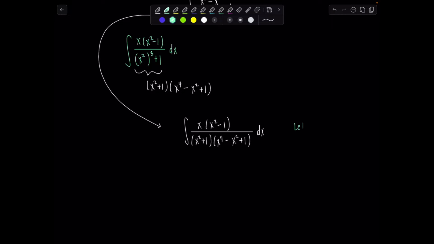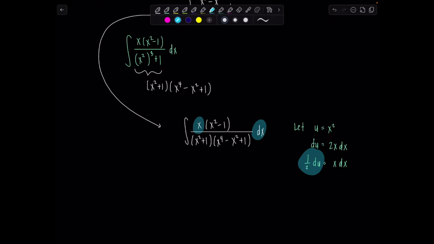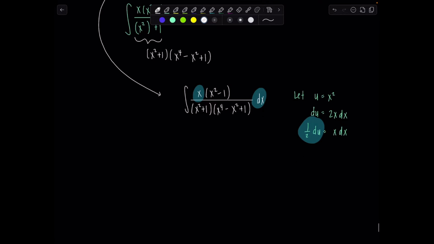So I said, okay, let u equal x squared, and then du would be 2x dx. So 1/2 du is x dx. Good? Okay, so now I'm going to replace x dx with 1/2 du, putting the 1/2 outside the integral, and then you've got du.